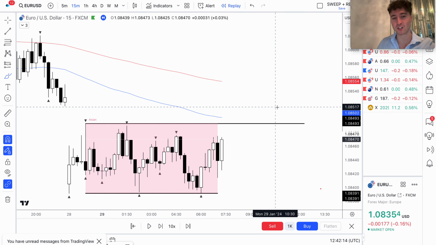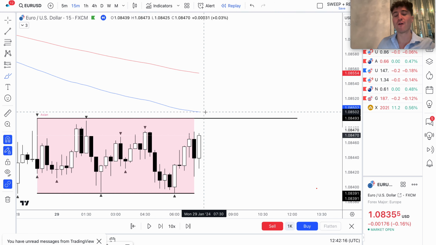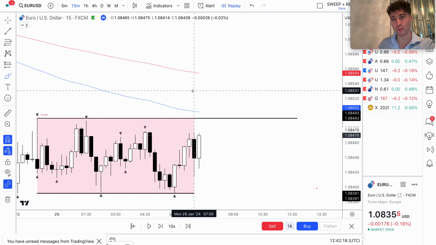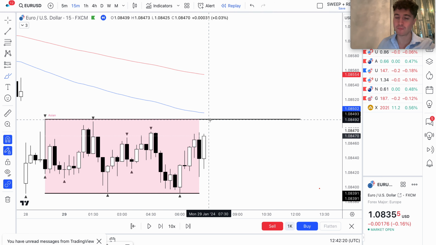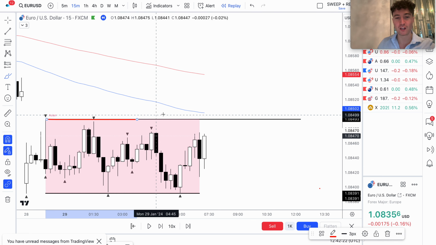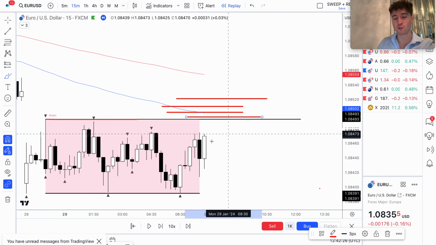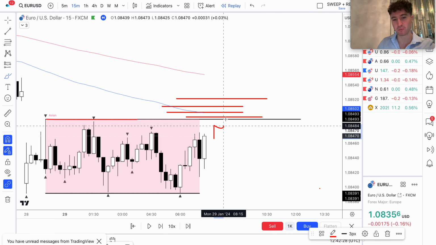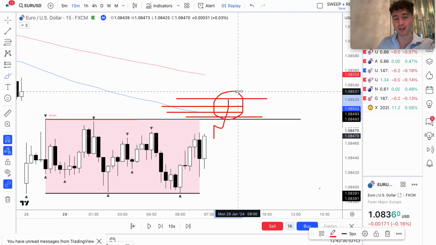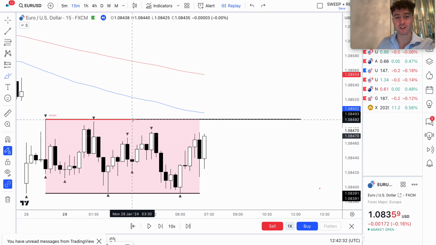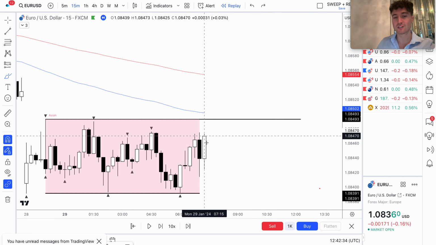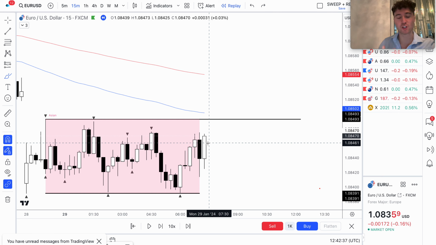However, when you think about where the retail stop losses are going to be, they're going to be resting above these Asian highs. So if price does push up and manipulates the Asian high, then we can look to get short on this market if our entry requirements do set up.